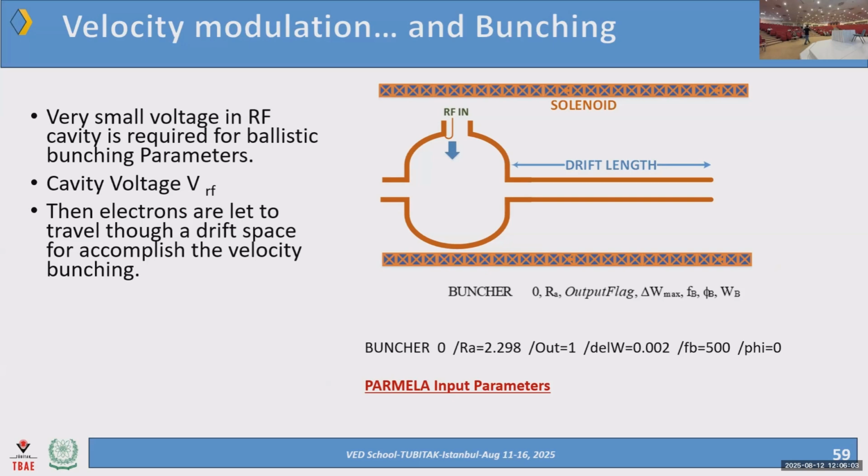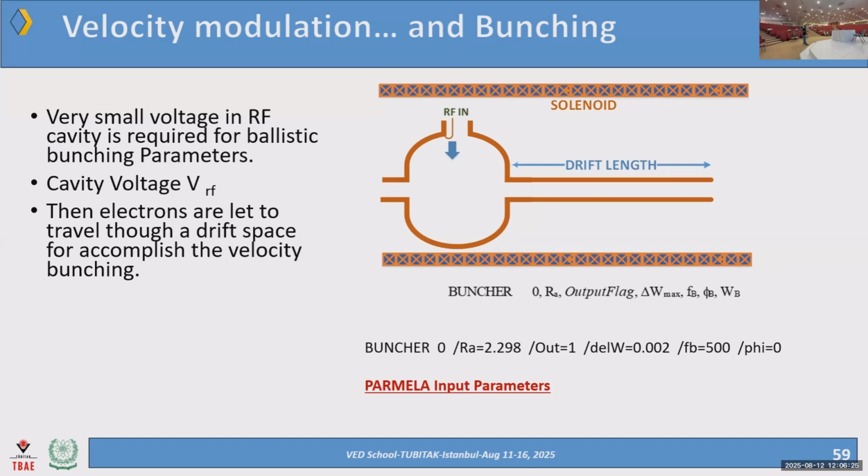It is a very gentle voltage. It is just a rearrangement sort of thing. They are not accelerated a lot, not decelerated a lot, just gentle rearrangements. A few volts to a few keV of energy is imparted in this region.